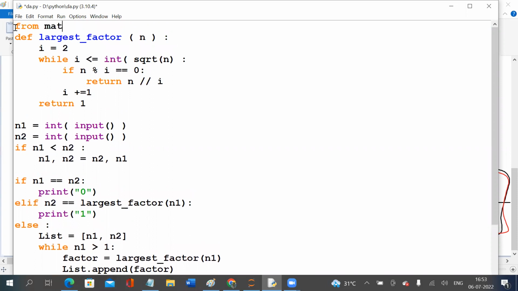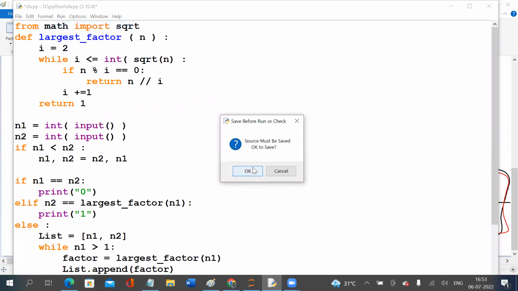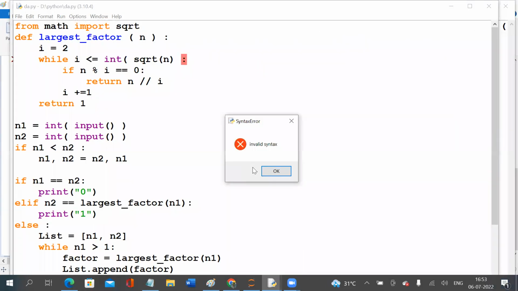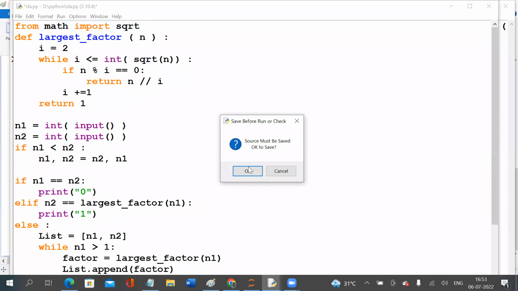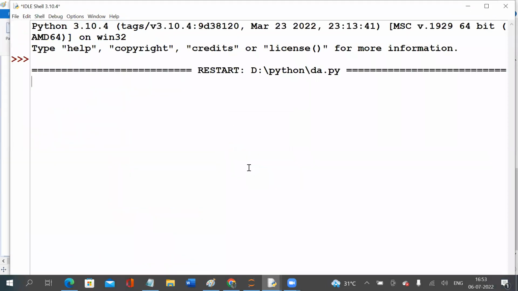Instead of importing everything, let us import only sqrt. Now with fewer iterations, you get the answer. Say 28 first, and then 100.